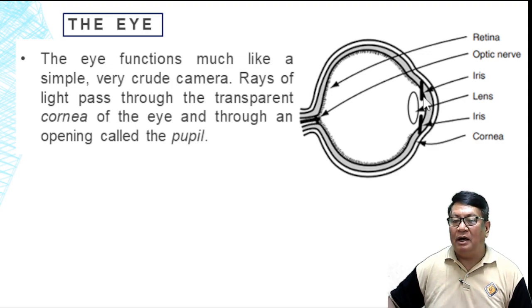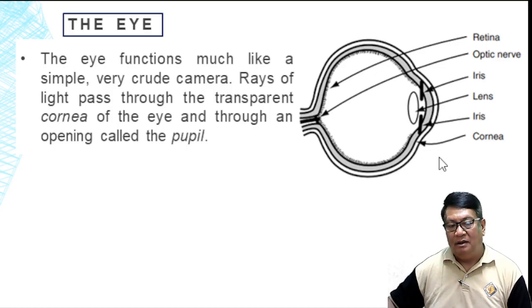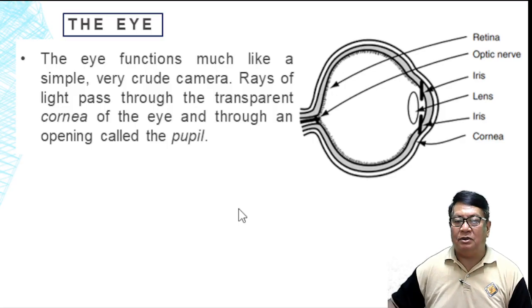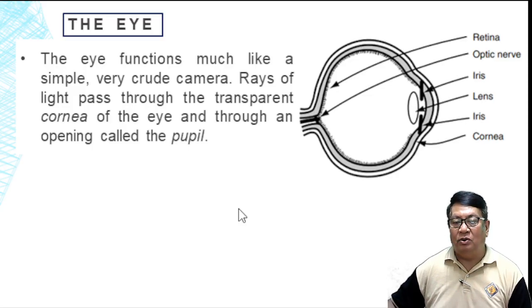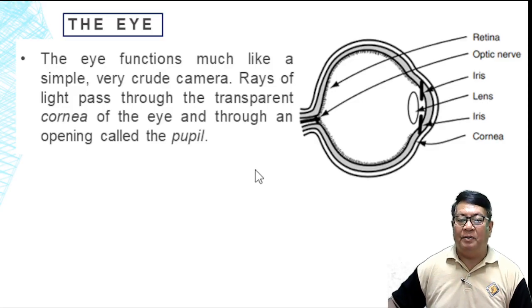Then the iris here, the lens, the iris at the other side, and the cornea. The eye functions much like a simple, very crude camera. Rays of light pass through the transparent cornea of the eye and through an opening called the pupil.